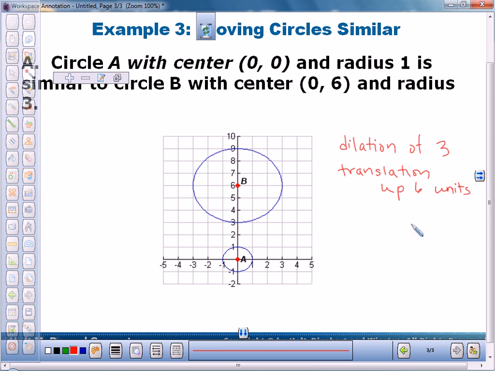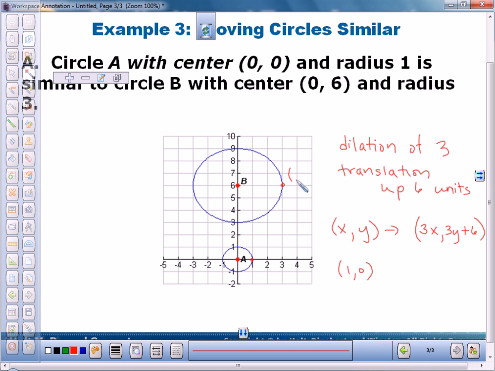Could we also write the rule? Yes. We take (x, y), we dilated it by 3, so it became (3x, 3y), and then we shifted it up 6, so 3y plus 6. Okay, let's see if that works. If I pick the point (1, 0) on this one, shouldn't it correspond to this point, which is (3, 6)?